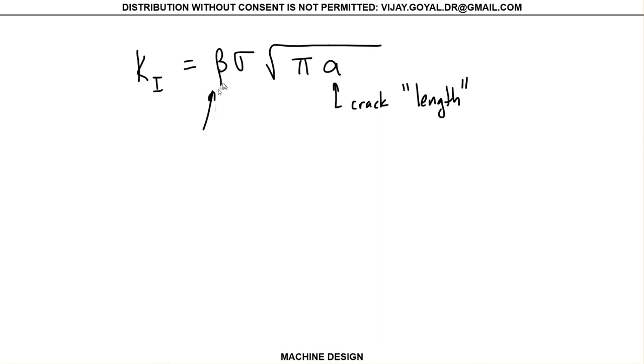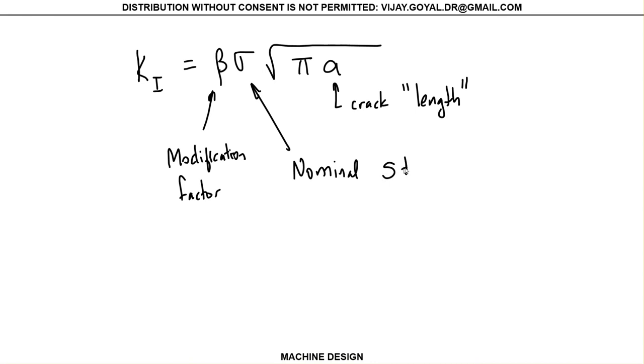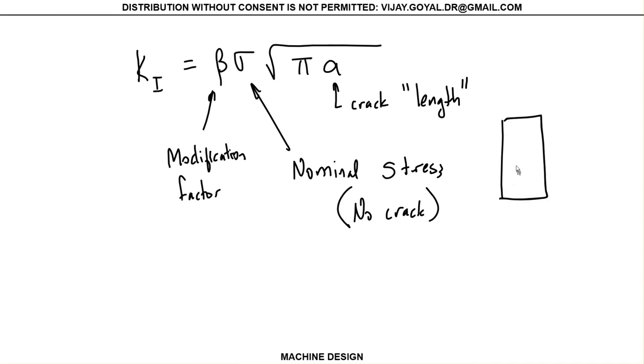This is the modification factor. I will explain that in the next chart as well. This is your nominal stress, the nominal stress with no crack. Just think about I don't have any crack present. As an example, I got a plate with a center crack, and I'm pulling.